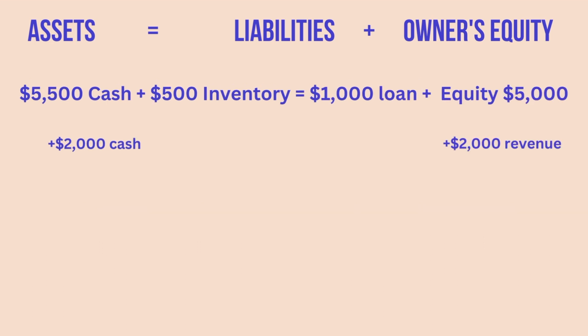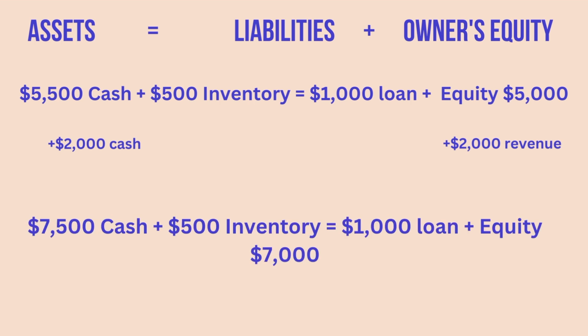You sell cookies worth $2,000 to customers and receive cash payment. The cash increases by $2,000 while your revenue increases by $2,000. Your accounting equation now is assets, which includes $7,500 cash plus $500 in inventory, equals your liabilities of $1,000 plus shareholders' equity of $7,000.